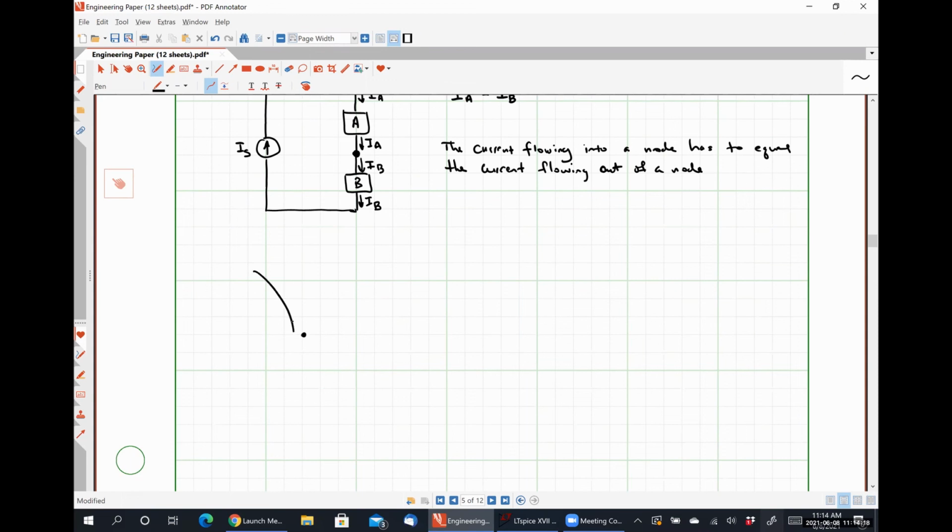And that doesn't connect, so that's not going to be good. And I'm going to draw several paths that are trying to connect to this node. And I'm going to assign each one of these paths a current.